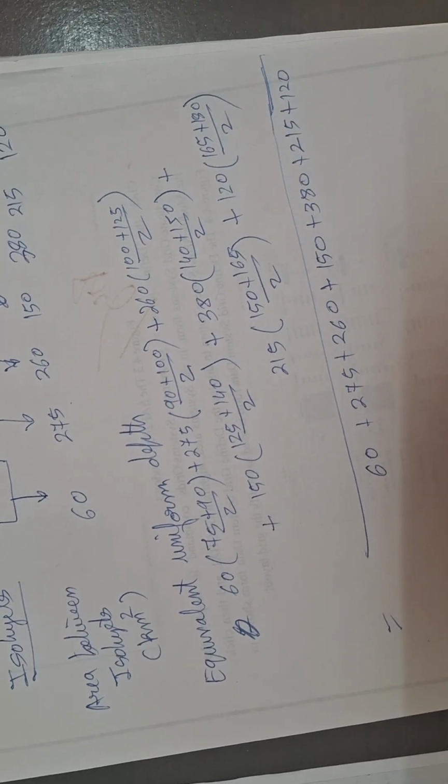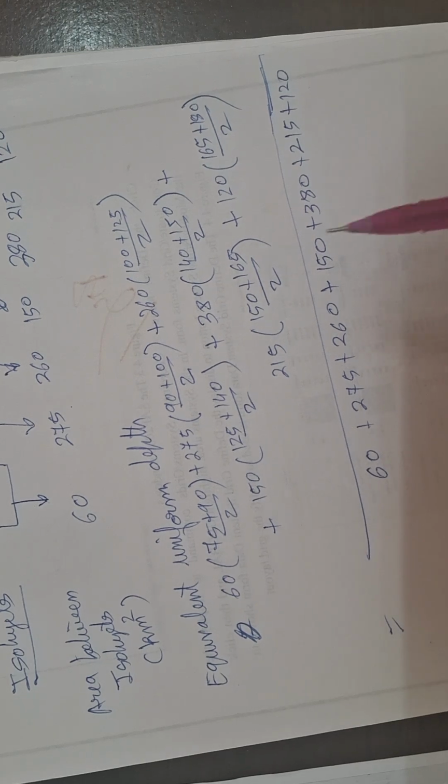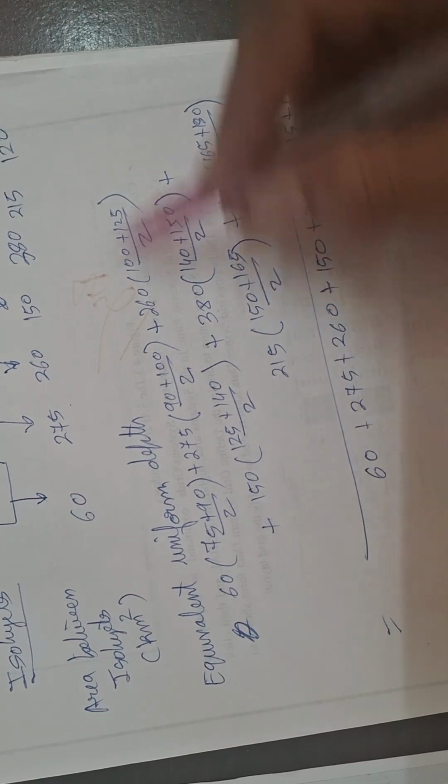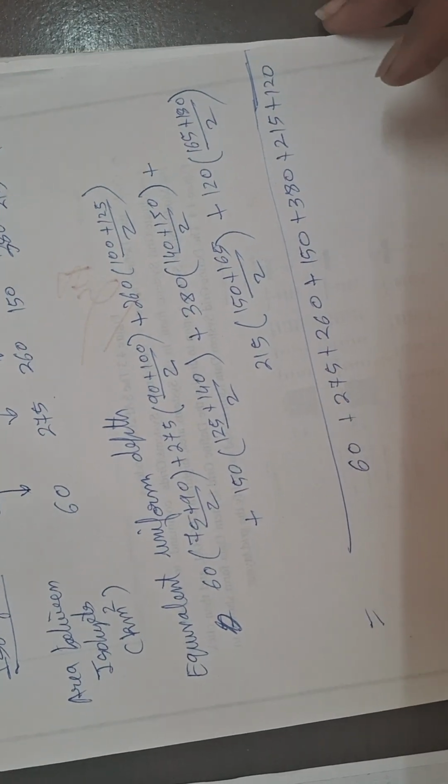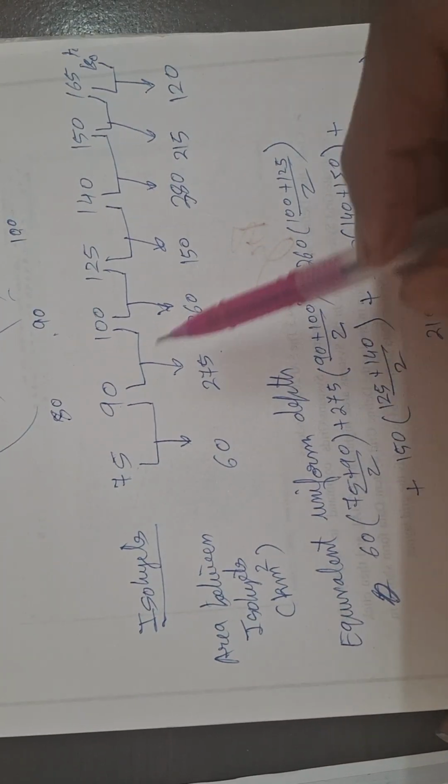Just calculate this whole equivalent uniform depth. Basically, what we will get is the average rainfall.